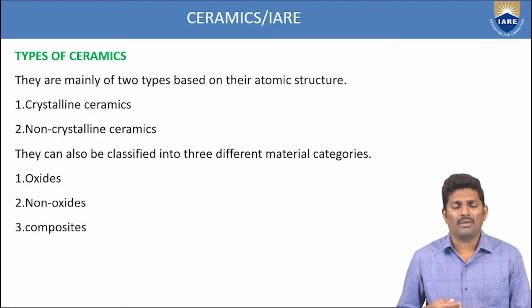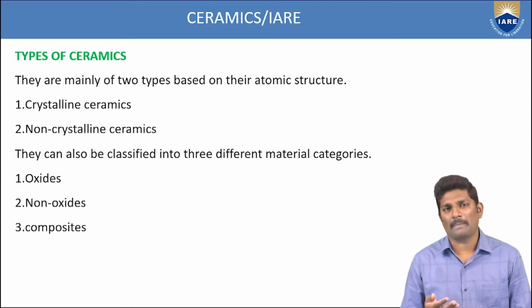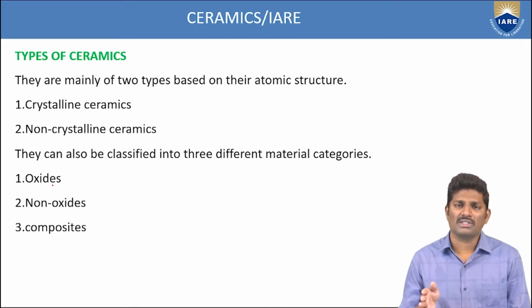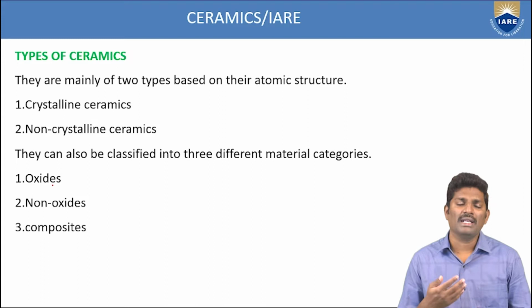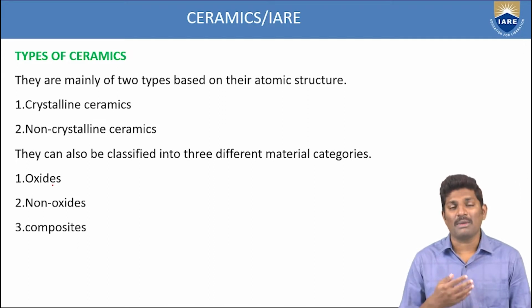If there is a high percentage of oxides present in the ceramics, then that category comes under oxides, and if there is 0% of oxides present in the ceramics, then that type of classification comes under non-oxides. And the last one is the composite. Different types of materials which are clubbed and seen as a single element, that type of ceramics comes under the third classification, that is the composite. So based upon the type of atomic structure and the type of material available in the ceramics, like this we classify the types of ceramics.